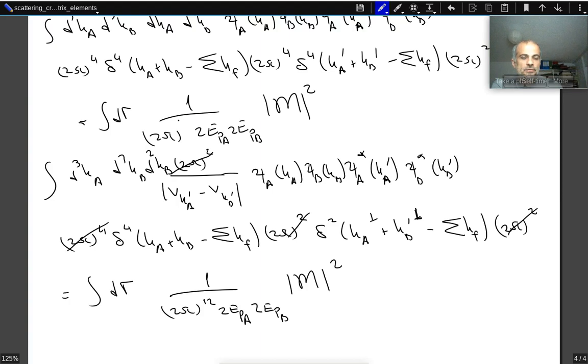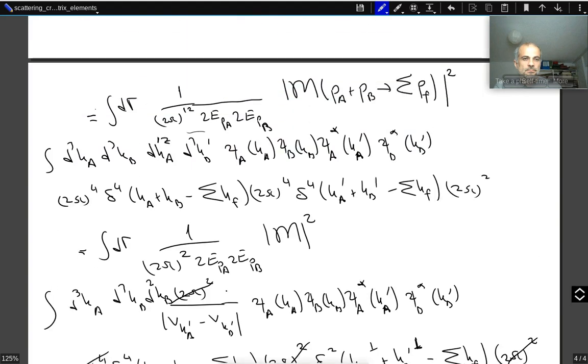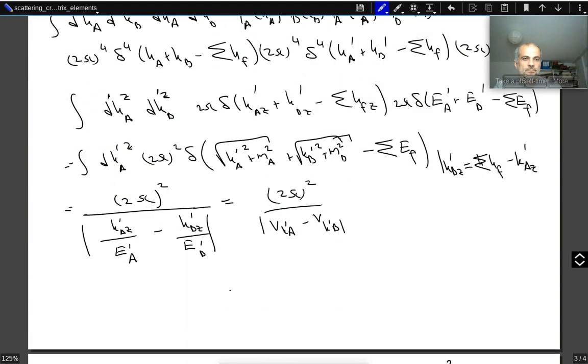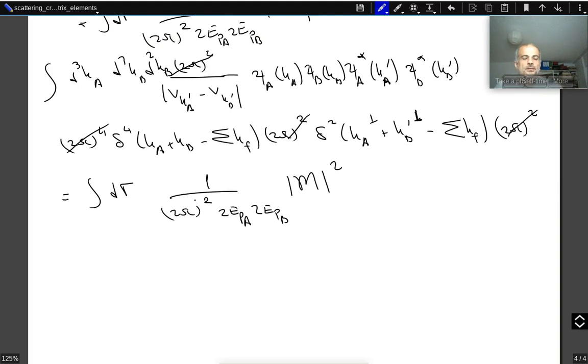So we have just two factors of (2π)² left. Here we have M squared. And what is left?